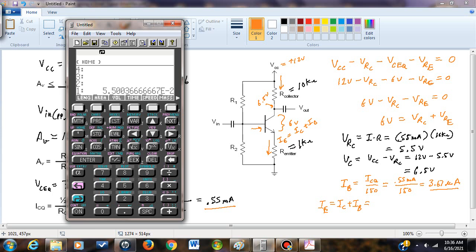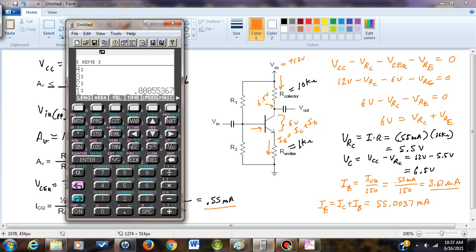Even though this number is fairly small, definitely keep it in mind because we need to put in as many of the digits that we see here. All this is very important. So we have something that looks like 55.0037, and that's going to be milliamps.